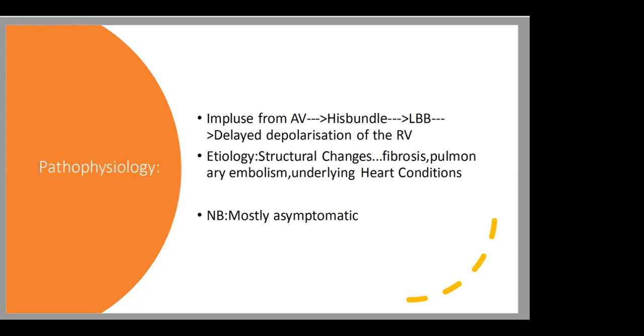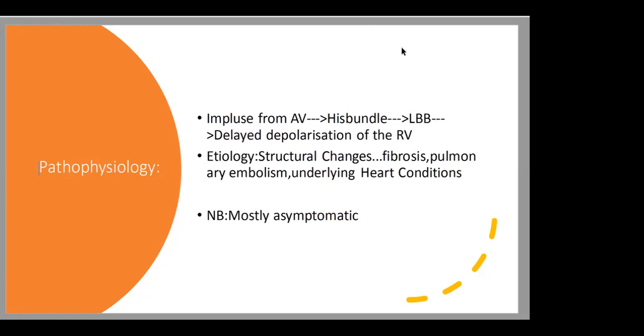We have the impulse from the atrium that goes to the bundle of His and goes to the LBB, which means we are talking about the block on the right branch. So if the right branch is blocked, the physiological path is basically blocked. So it means the right ventricle doesn't get the impulse of depolarization from the right branch.